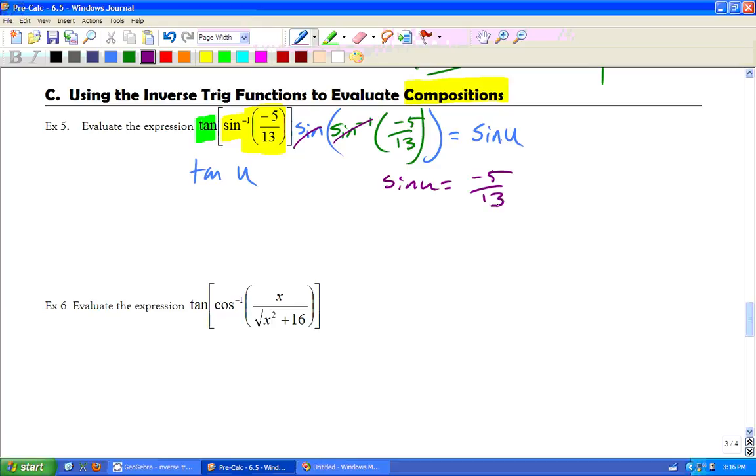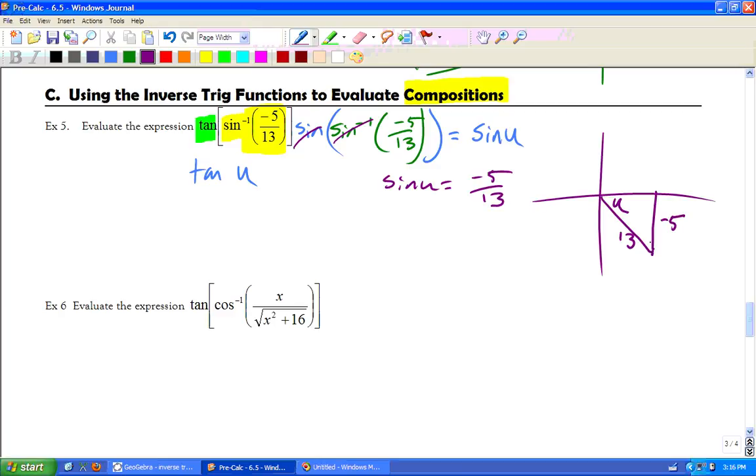We wanted to do this so that we can draw a triangle. For sine to be negative and still be within our range for sine inverse, this triangle has to fall in quadrant 4. So the sine of u is opposite negative 5 over hypotenuse 13, and here is my angle u.